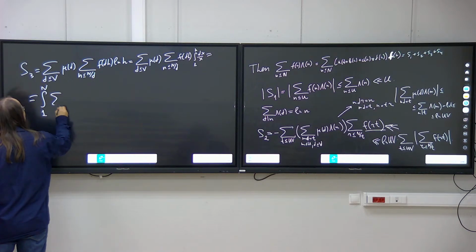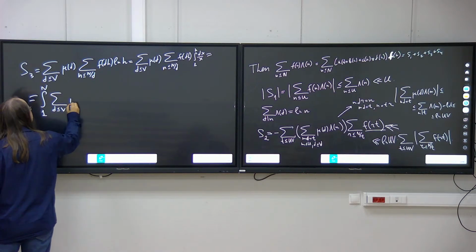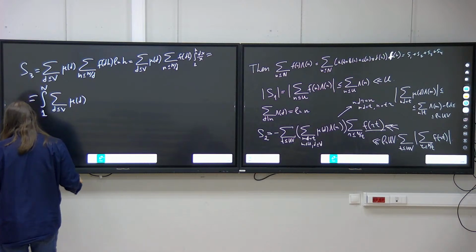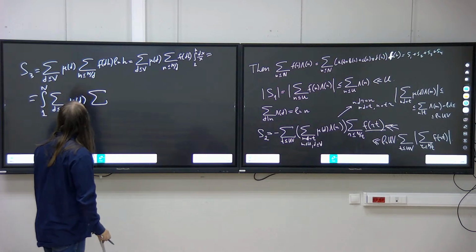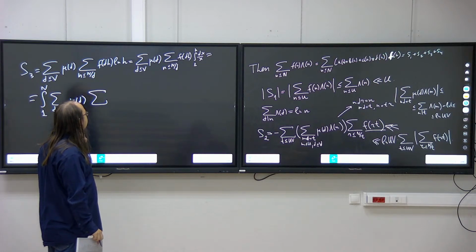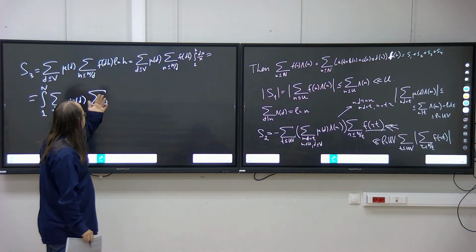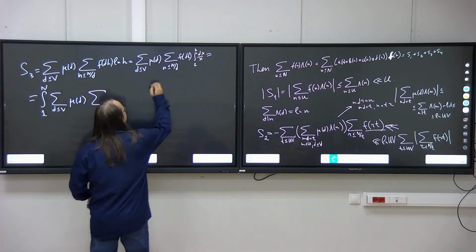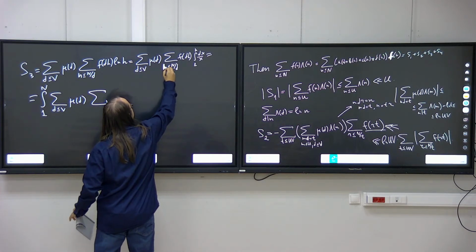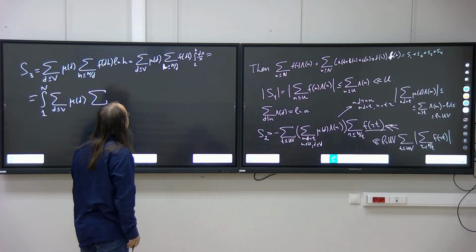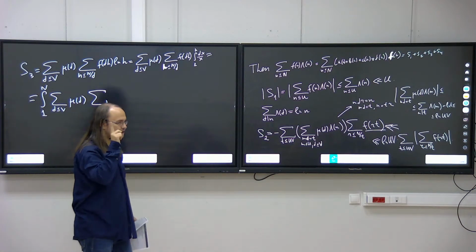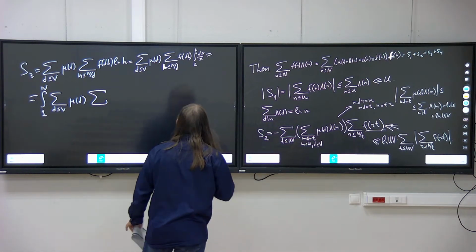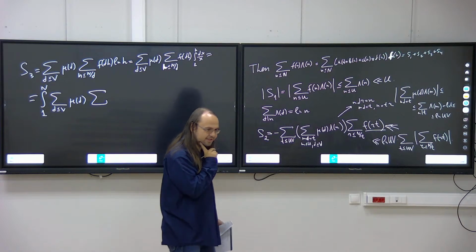Then you get the sum over all d less than or equal to v, mu of d, and then you get the following sum. Here you get h, not n. Sorry. No, it's okay, hd is equal to n. Okay, so it was never n.